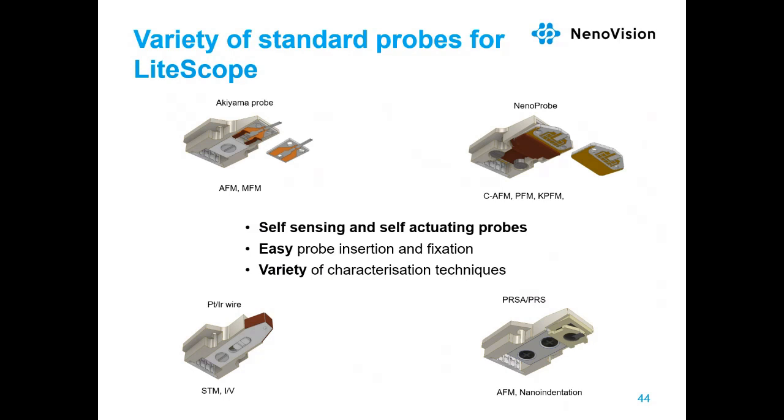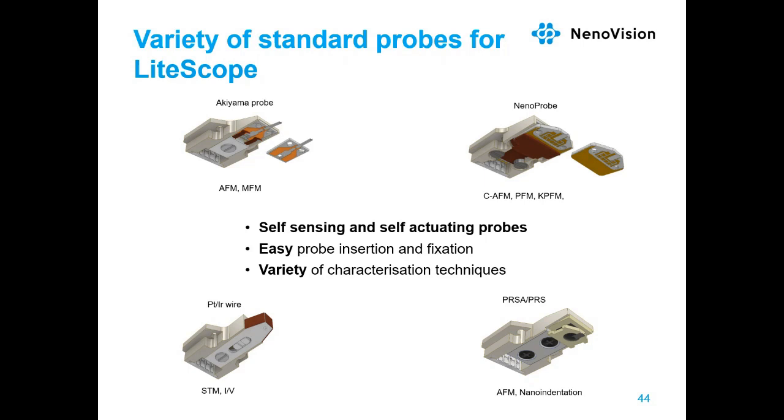For example, the Akiyama probe we use for topography or, after modification, for magnetic force measurements. We have developed our own probes, which we call nanoprobes, which we use for conductive measurements like conductive AFM or KPFM. Then we can use just a simple wire for STM or IV curve measurements, or we can use piezo-resistive PRSA probes for nanoindentation because they have diamond tips, or for topography imaging.